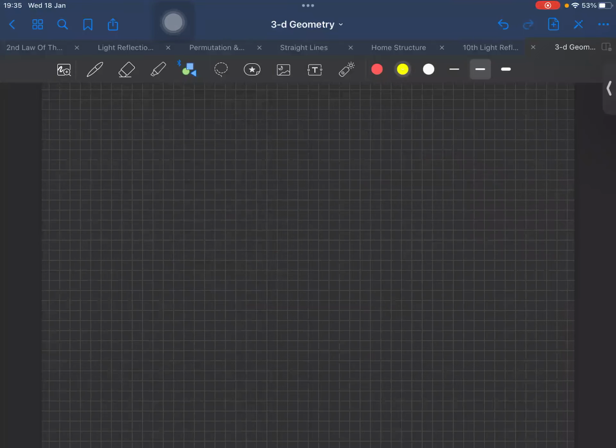Let me check the NCERT book one more time. Just a minute. I just want to check this. Okay. So we have the section formula. That's it. Only the section formula is there, and you have the miscellaneous exercise.